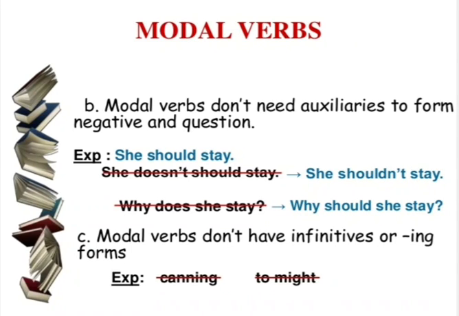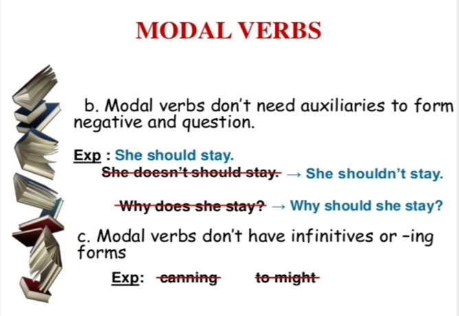Modal verbs don't need auxiliaries to form negatives and questions. Now, if we want to make questions or interrogative sentences, negative sentences, we will use not with the modal auxiliary only. We do not need to add auxiliary verbs do, does, did, has, have. We will directly use modal auxiliary plus not plus verb first form.